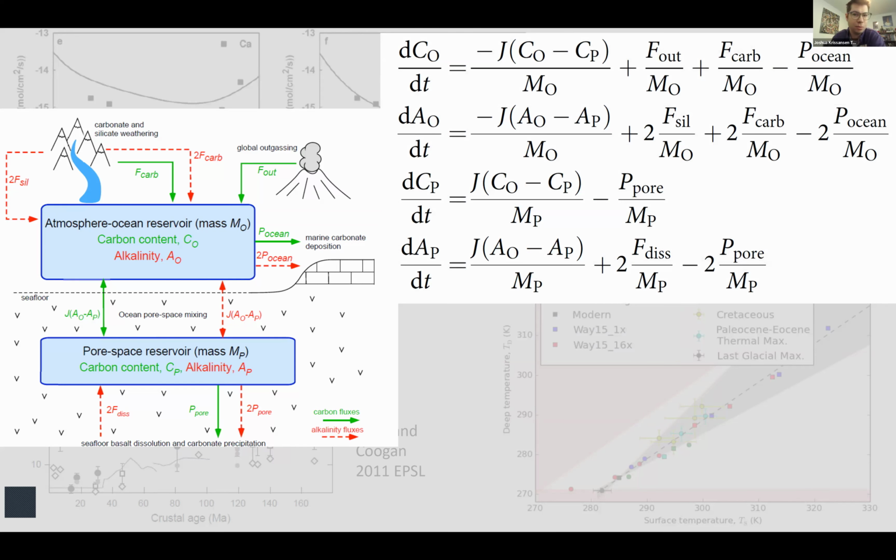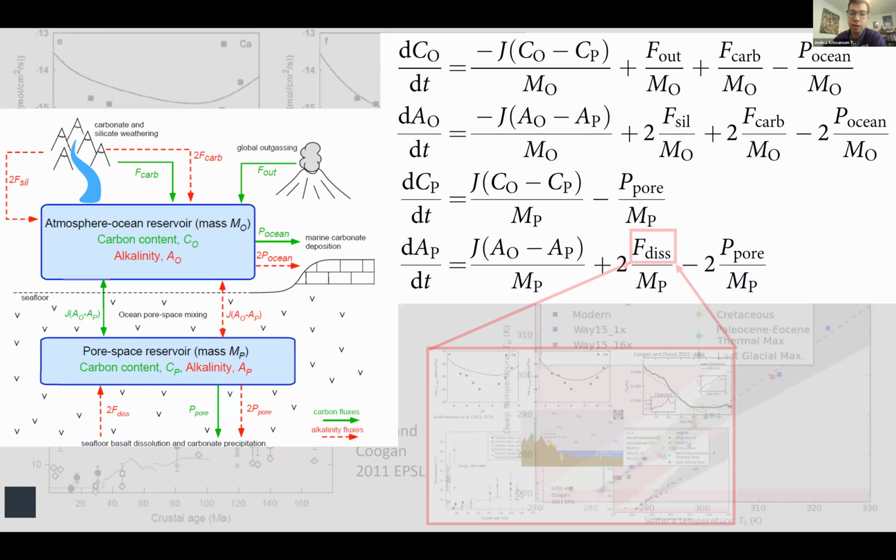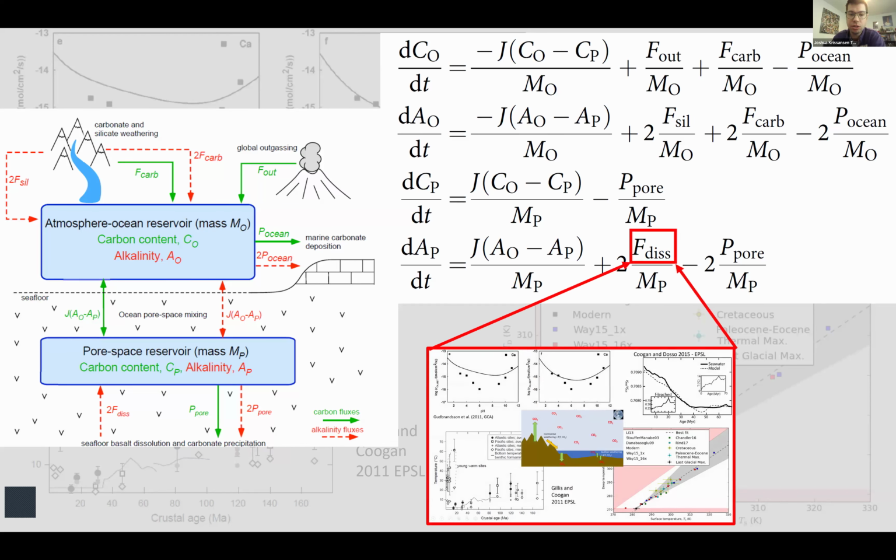It's a very simple system of equations, just tracking those fluxes of carbon and alkalinity and exchange between the ocean and the pore space. Everything I just talked about on the dependencies of seafloor weathering is all embedded in this term here, the dissolution of oceanic crust, a contributor or a source of alkalinity in the ocean pore space.